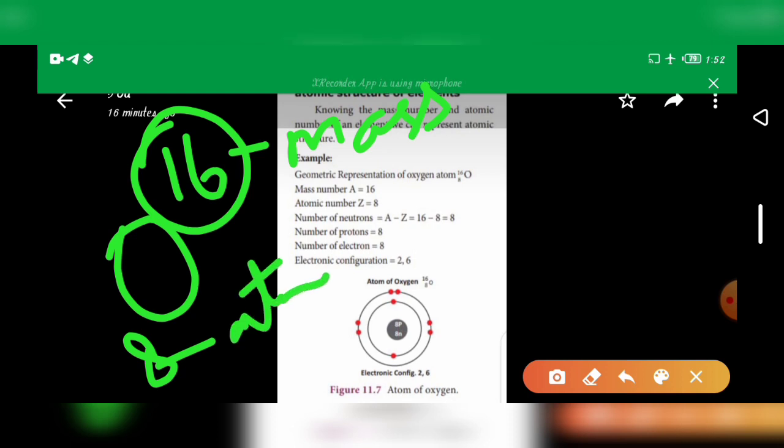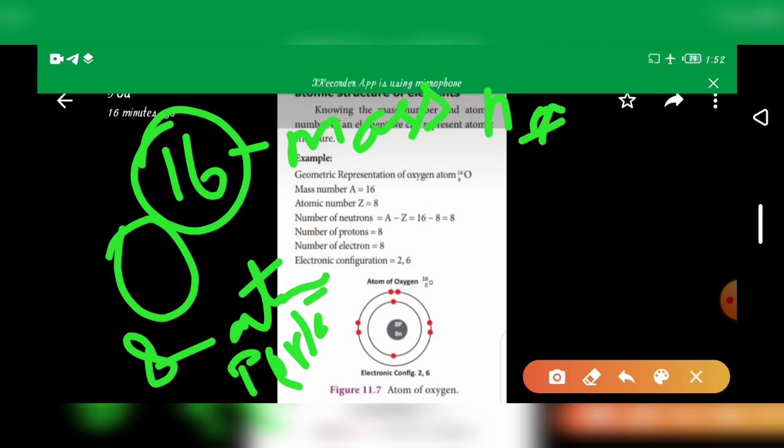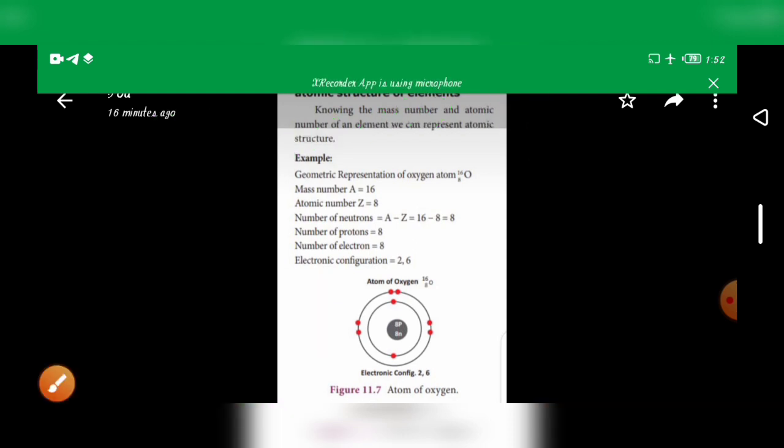Atomic number consists of protons or electrons. Mass number consists of neutrons and protons. Mass number is denoted by A, and as we saw in the last video, A is equal to 16. Atomic number is denoted by Z, equal to 8. Number of neutrons is A minus Z, which is 8. Number of protons and number of electrons are also 8.